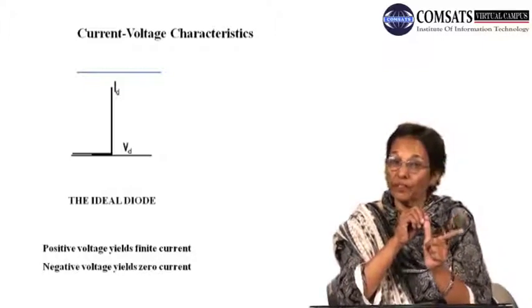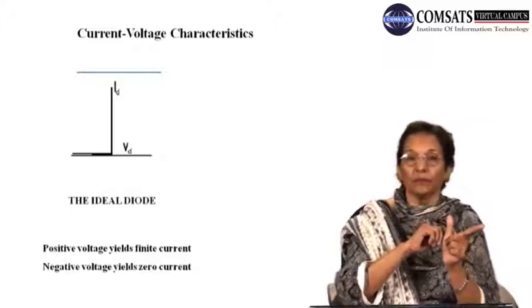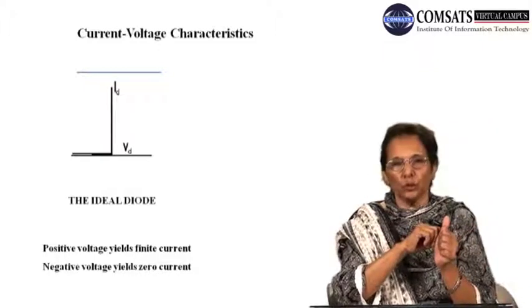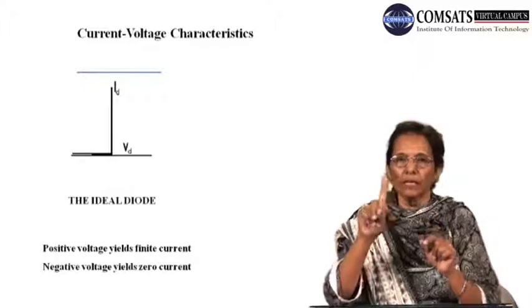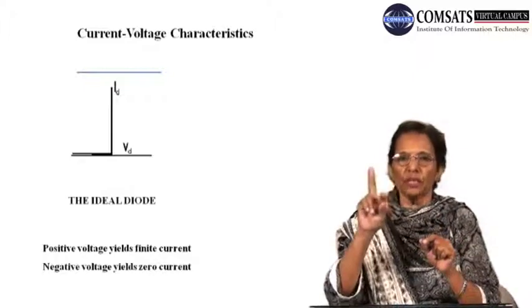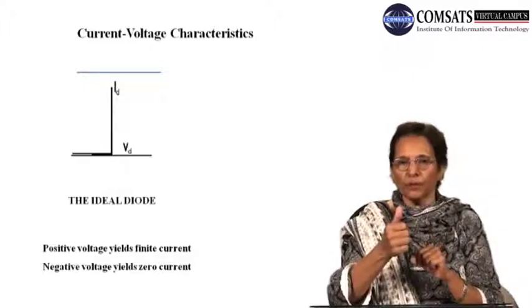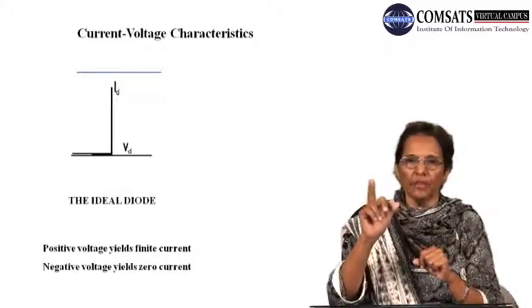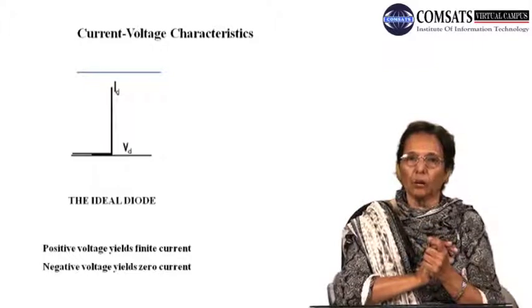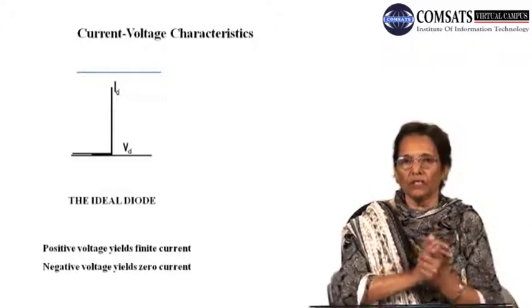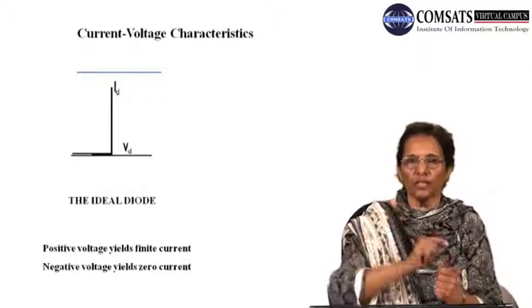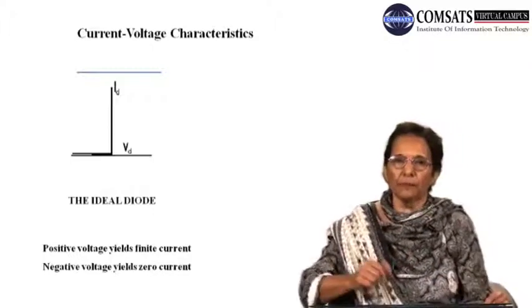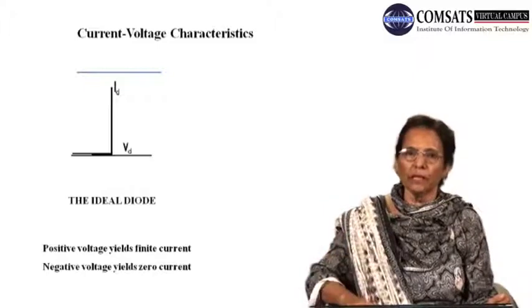The built-in potential further depends on the doping concentration, and the junction potential therefore would depend upon two factors, namely the doping concentration and the applied bias. So the built-in potential and the applied bias determine how large the forward current is going to be, and it rises exponentially, as you see in this slide, depending upon the temperature.